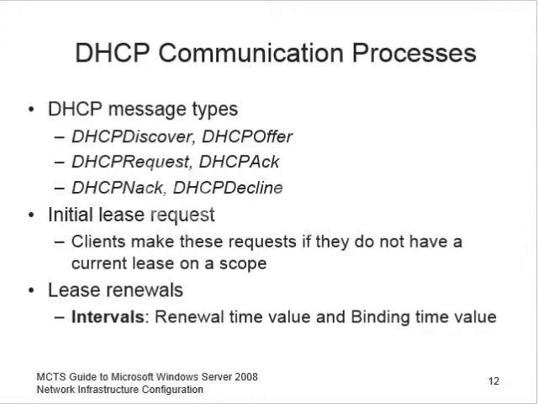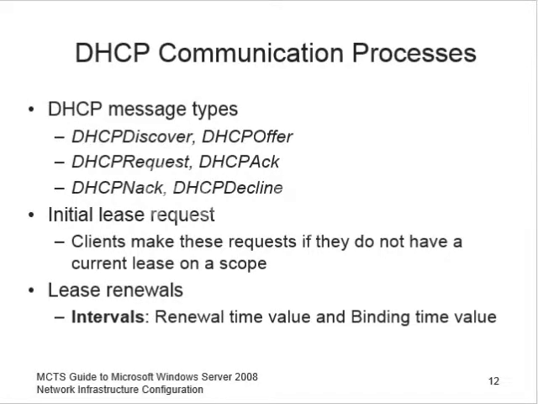Then we have the DHCP ACK, which is sent by the DHCP server to a DHCP client to confirm an IP address and to provide the client with those configuration parameters that the client had requested and the server is configured to provide.